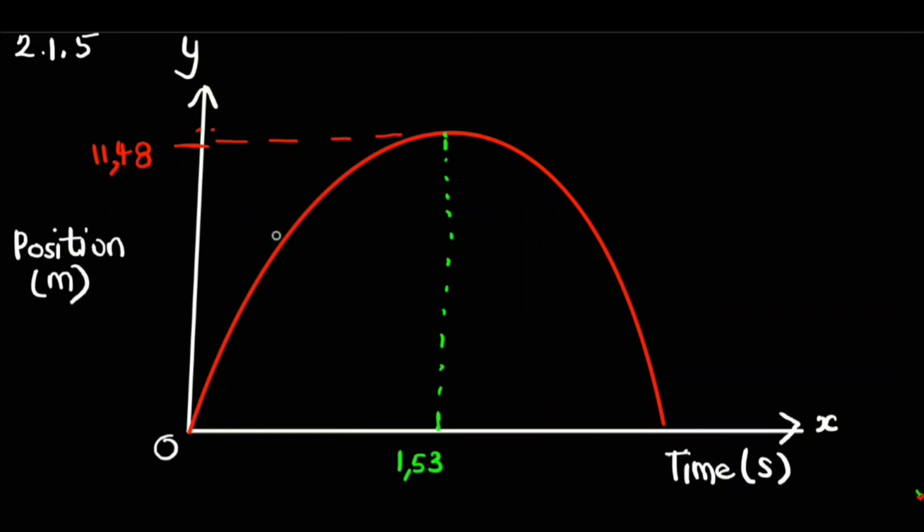We also calculated the time taken for the entire duration, for the entire motion of the object, which was 3.06. Then we had two other time values. We had time values for 8 meters above the hand.